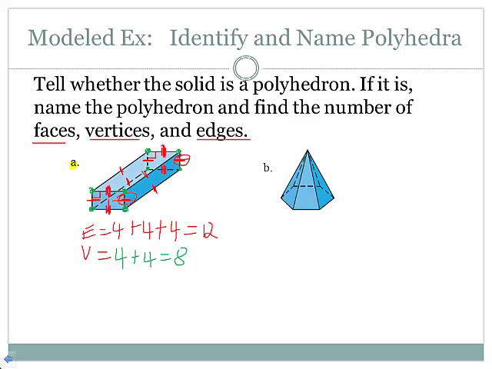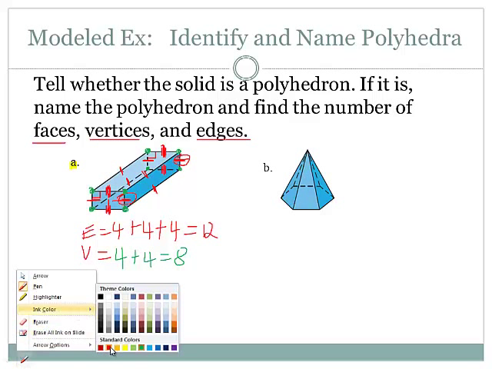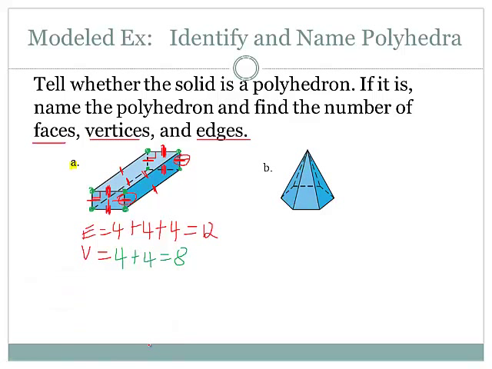And the last thing is the faces. Again, a way to count them. You have 1 here for the front face, 2 here for the back.